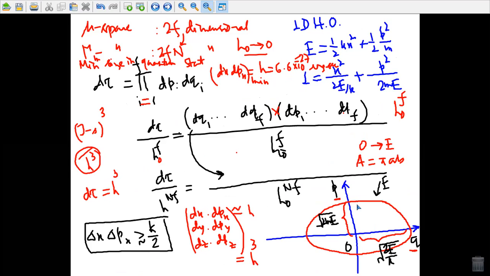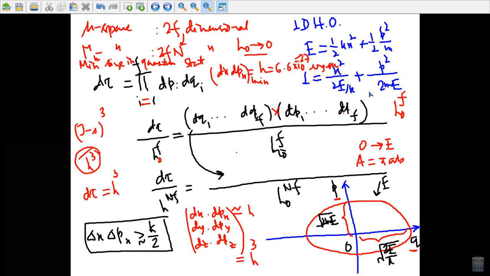The phase diagram contains one position coordinate x and one momentum coordinate p, and so it is a px plane. At any instant, the total energy E of the oscillator comprises potential energy and kinetic energy. So the total energy E is equal to half kx square plus half mv square, which eventually turns out to be 1 is equal to x square by 2E by k plus p square by twice mE.